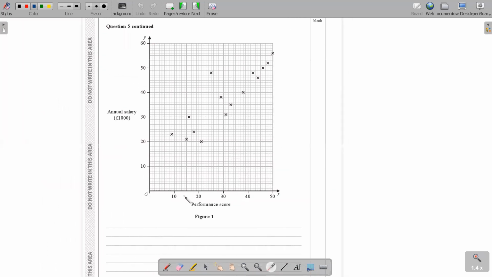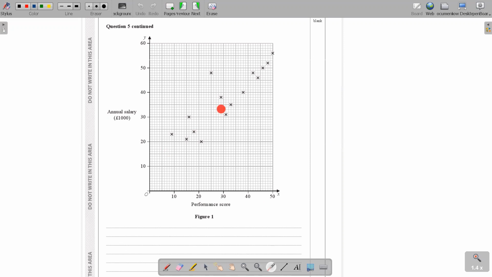Can you see? X is the way they perform, the performance score. So a higher performance score means that person is performing the work very well. A lower performance score means the performance is lower. Okay, and this is the salary. So now look at this scatter plot. What do you see? When the performance score is higher, the salary is higher. Okay, so you can see the higher the performance score, the higher the salary.